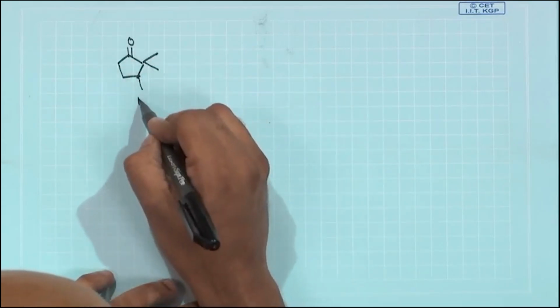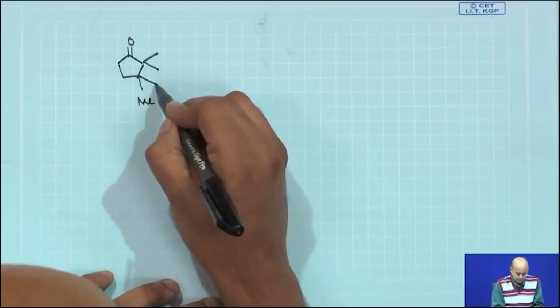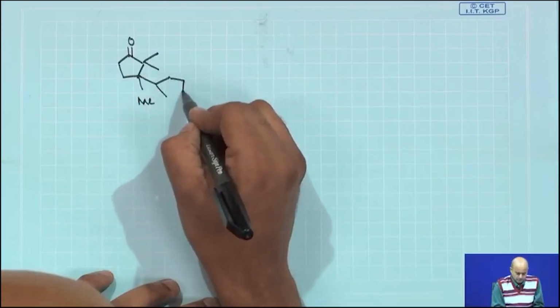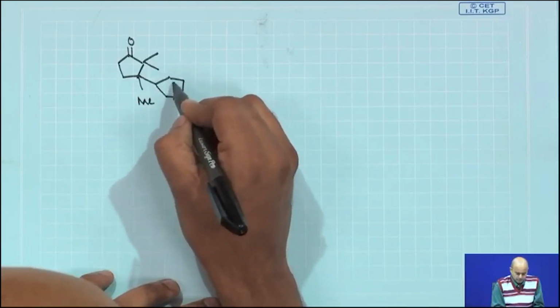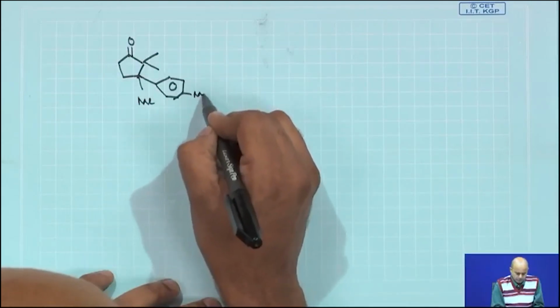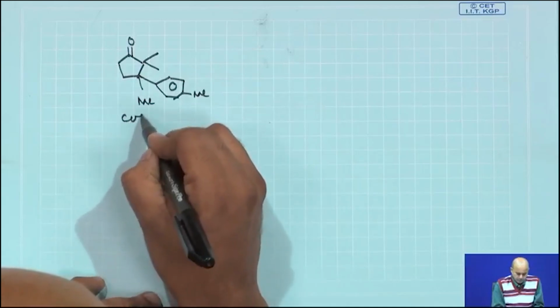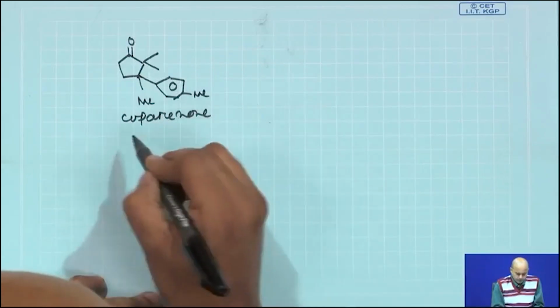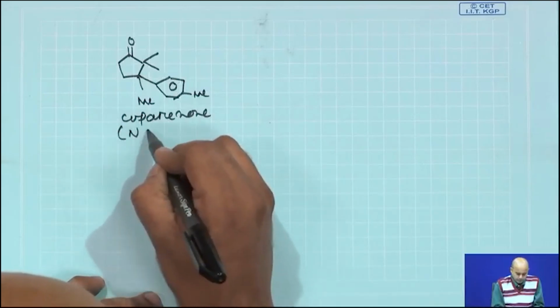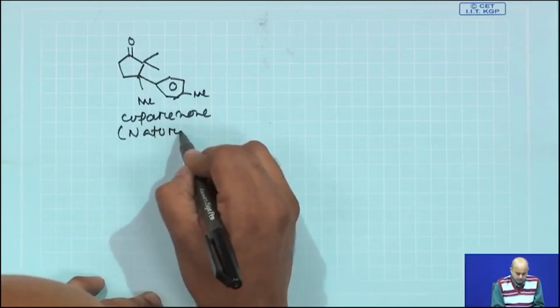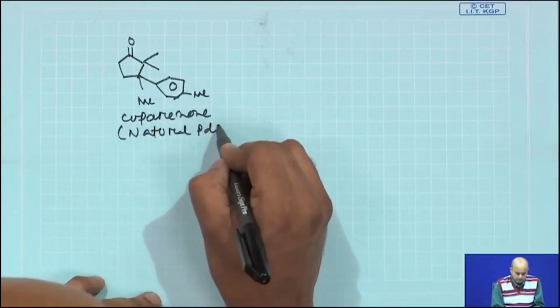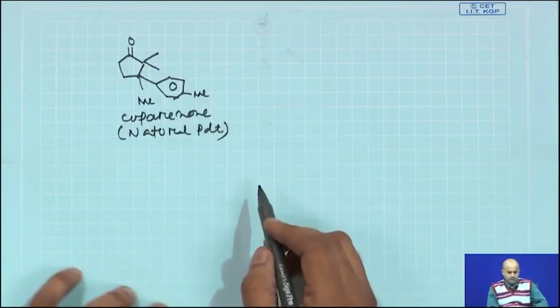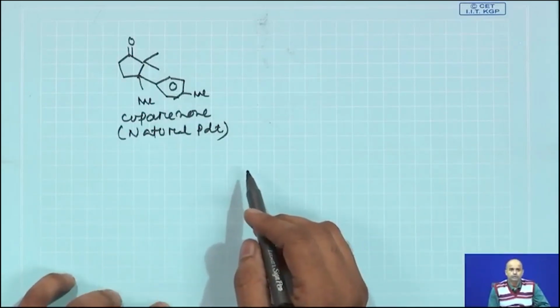Its structure is this compound. Its name is cuparinone. It is a natural product, and we are saying that this natural product is a terpenoid molecule, a sesquiterpene.